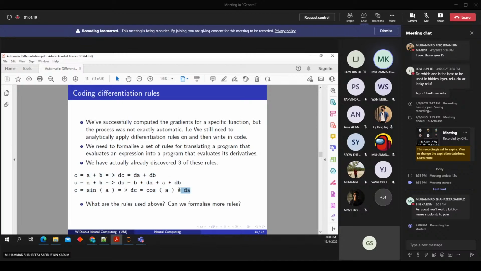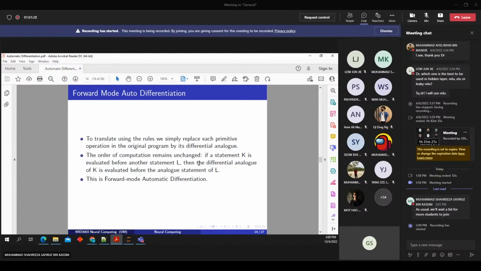So we need to formalize the rules. We only use 3 of these rules because our computational graph is very simple, right? So to translate using the rules, we simply replace each primitive operation by its differential analog.